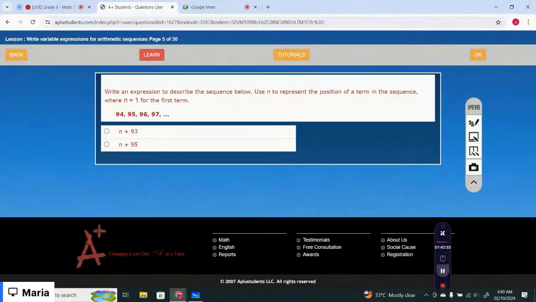Okay, write an expression to describe the sequence below. Use n to represent the position of the term in the sequence where n equals 1. So which is the correct option?